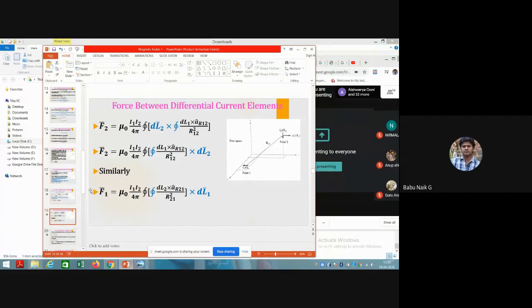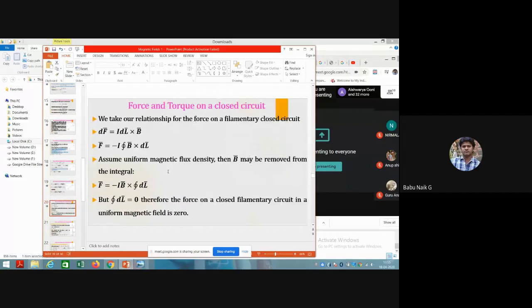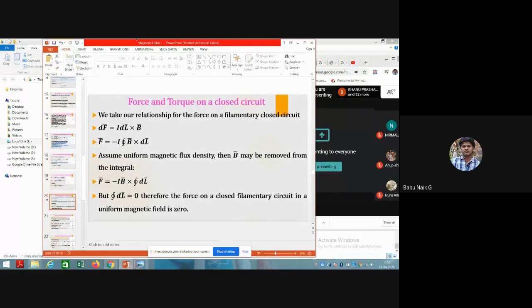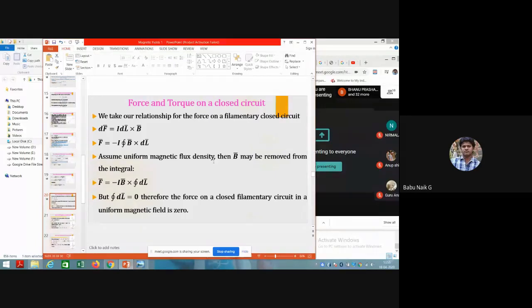Now, next we'll see the topic of force and torque calculation in a closed circuit. Force and torque calculation for a completely closed circuit, which has a source applied to it. So we can calculate the complete force on that closed circuit.